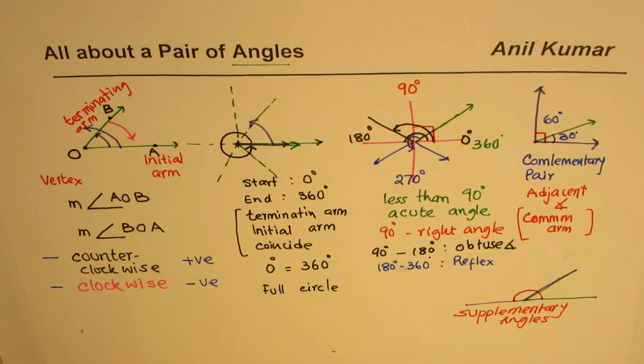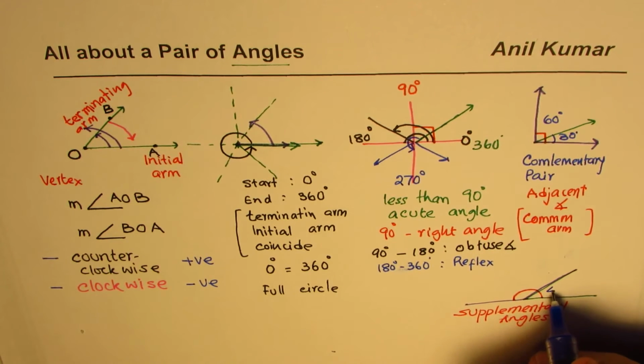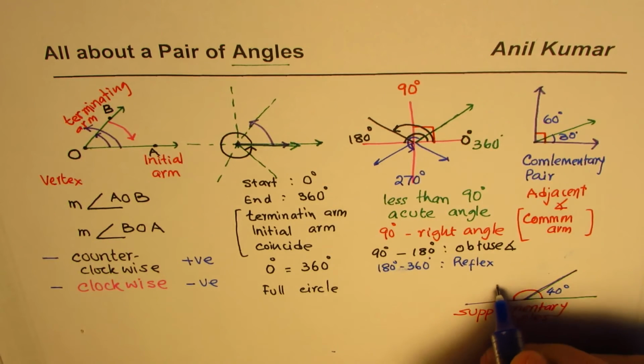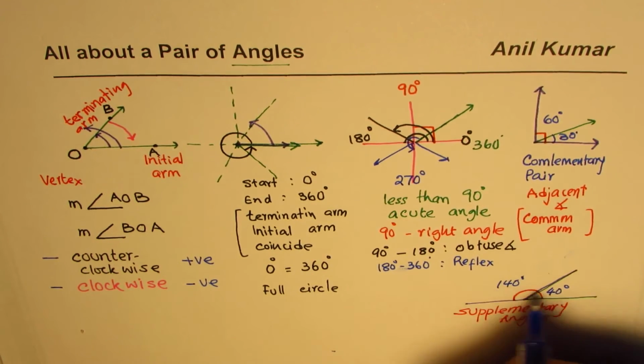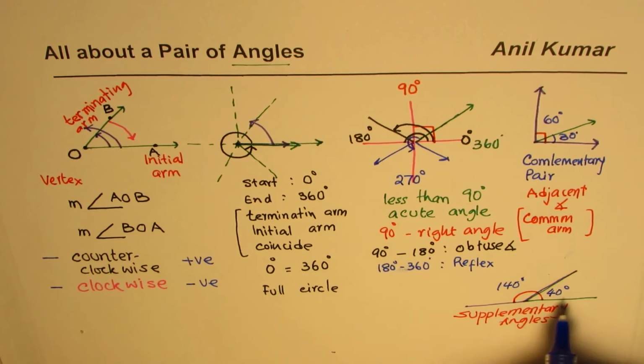For example, one side could be 40 degrees and the other 140 degrees. If you add them, you get 180 degrees, a linear combination. That kind of combination is called supplementary angles.